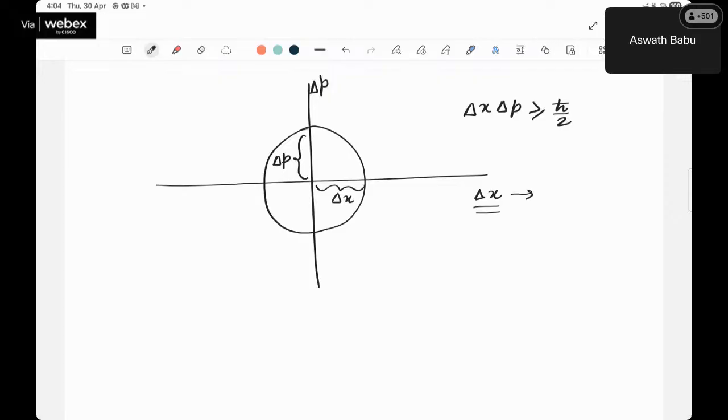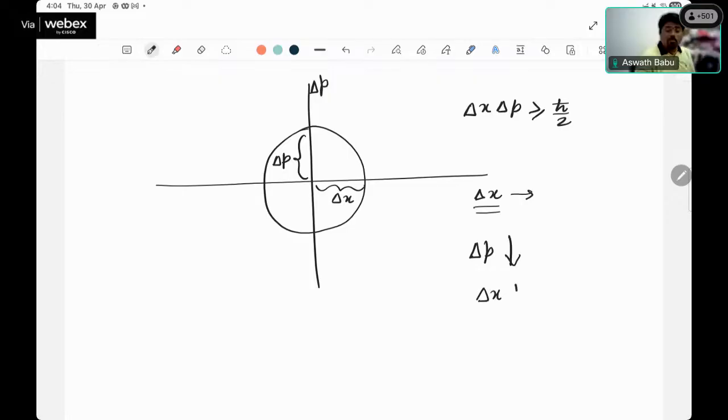In that case, I'll reduce my delta P to very small values and let delta X go to a high value. Both come hand in hand because their product is always greater than Planck's constant by 2, where h is Planck's constant, h-bar is h by 2 pi, and h-bar by 2 means h by 4 pi.